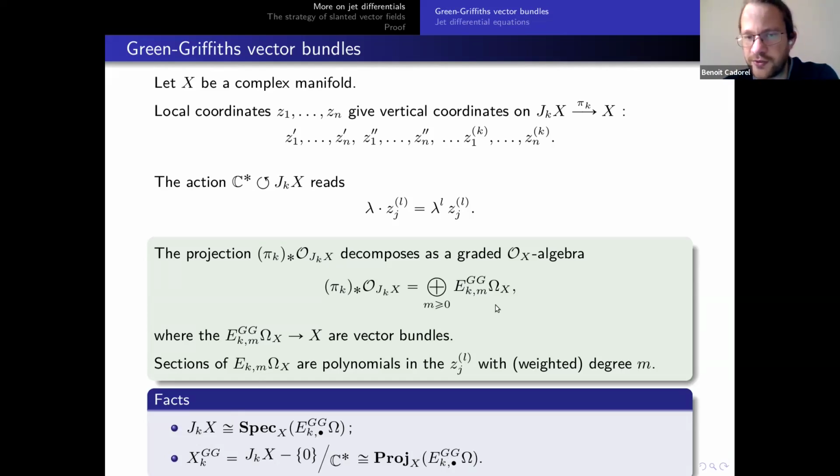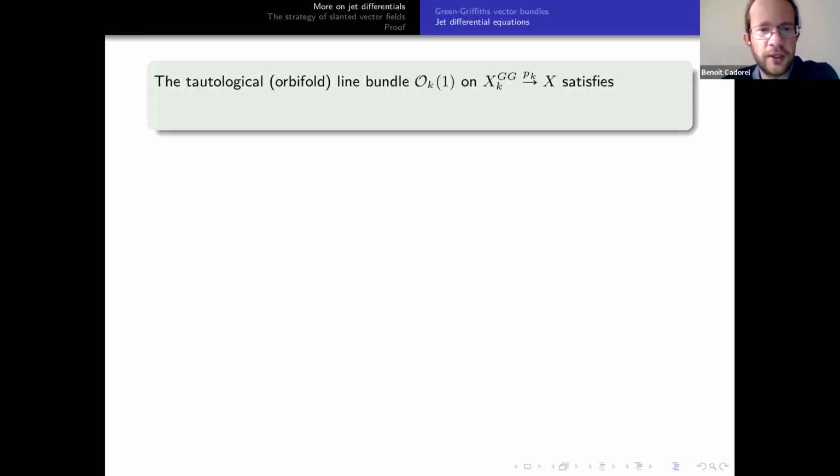Note that this algebra is locally generated by these coordinates; it's not generated in degree 1 only, it's generated in degrees 1, 2, etc., until k. So once you projectivize it, you get a singular variety. As I said, the fibers are weighted projective spaces, which are in general singular, at least as long as k is larger than 2.